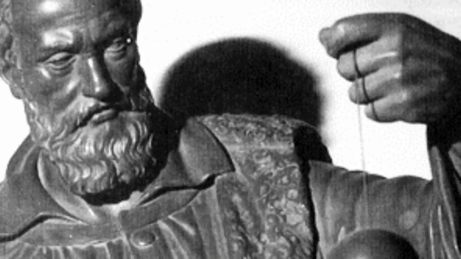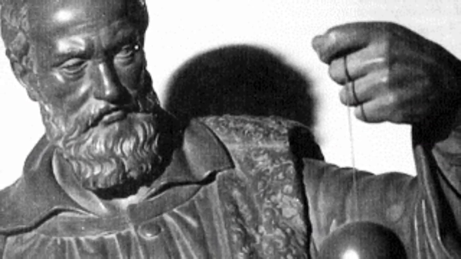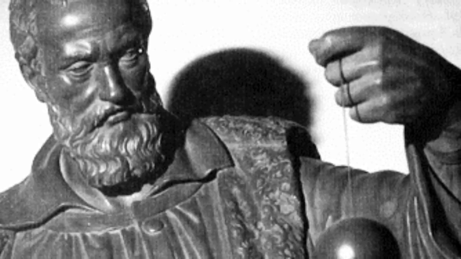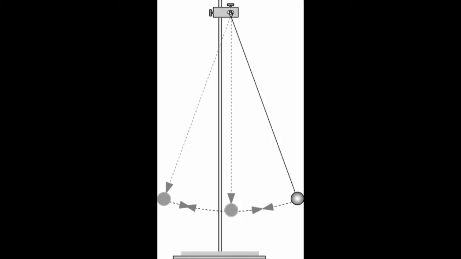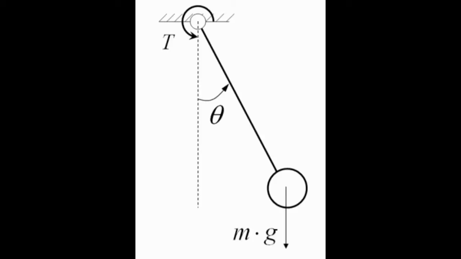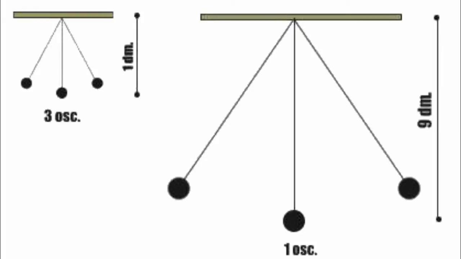He looked at it and noticed something that caused him to repeat various experiments with pendulums, allowing him to confirm a phenomenon which showed that, although the amplitude of the oscillations was reduced, the oscillation frequency did not depend on the amplitude or the suspended weight, but only on the distance to the fixing point. This phenomenon was called isochronism and helped to give this researcher the intuition to develop his law of falling bodies.